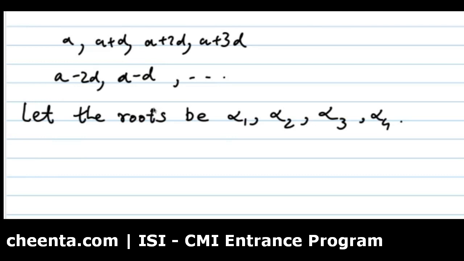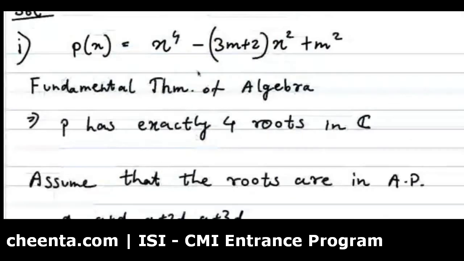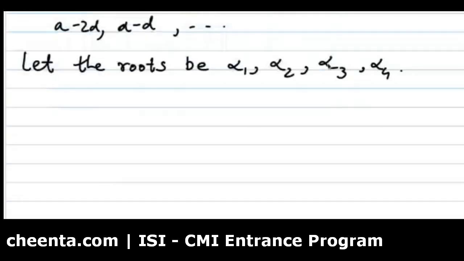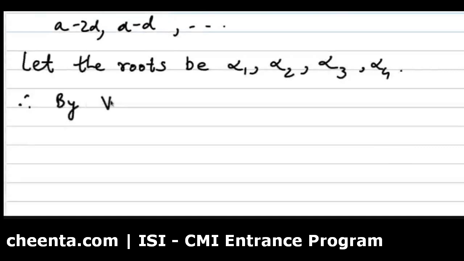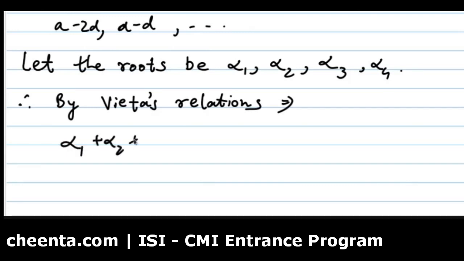Notice that the coefficient of x cubed is 0. So by Vieta's relations, what we get is alpha 1 plus alpha 2 plus alpha 3 plus alpha 4 equals 0.